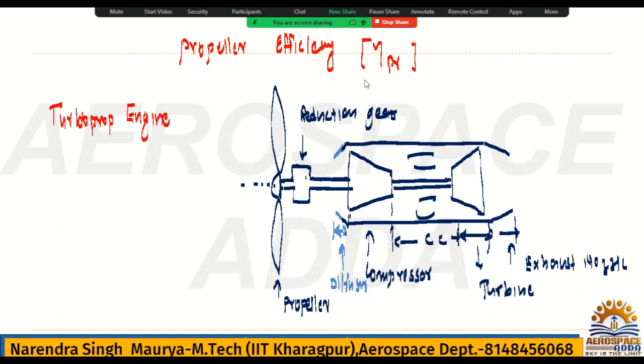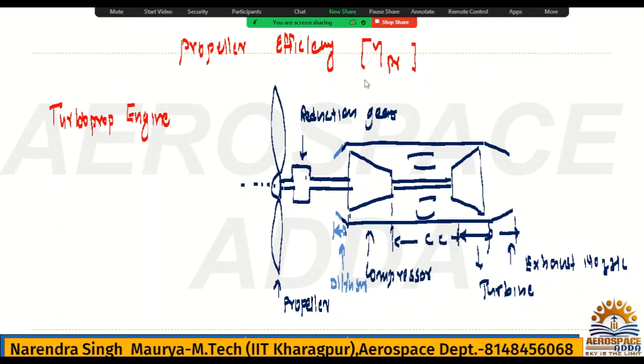For that reason, we are providing a reduction gear before the propeller. Whatever power we are transmitting from the turbine is not directly supplied to the propeller. In between there is the reduction gear, and by the word you can understand, reduction will reduce the speed. It will match the speed with the good performance of the propeller, because there is the rating.